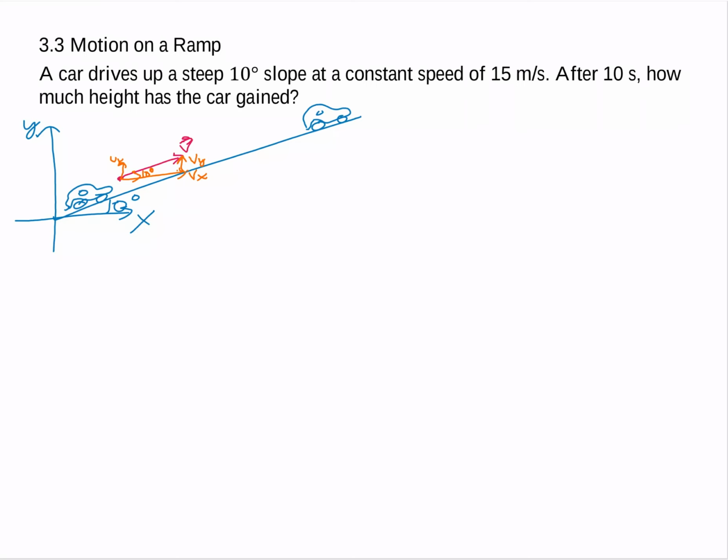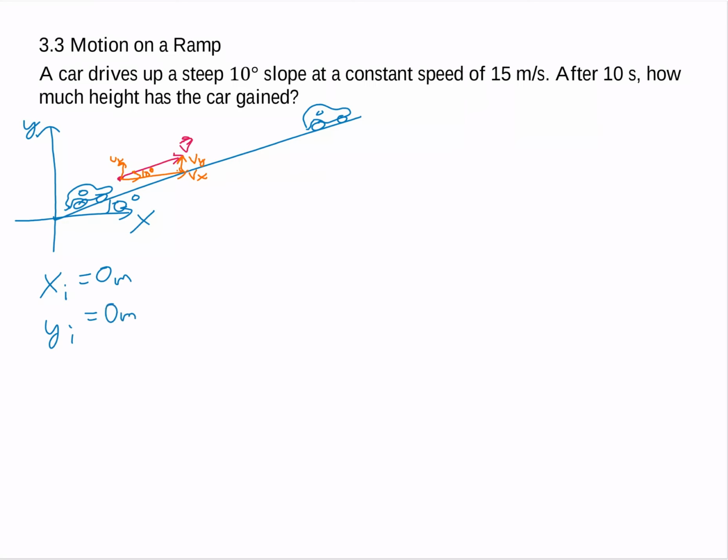Now I want to write down all of the information that I have in the beginning. What's my initial position, x sub i? 0 meters. What about my y sub i? I haven't climbed anywhere yet, right? 0.